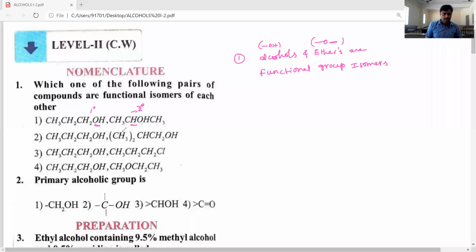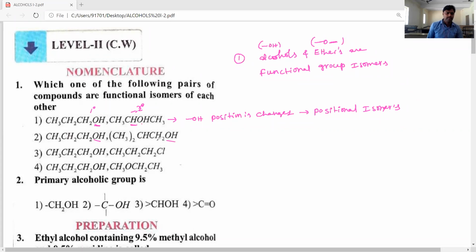Total 3 carbon atoms are present here also, but the OH position is changed. That's why these are positional isomers only, not functional group isomers. Okay, students, understood?